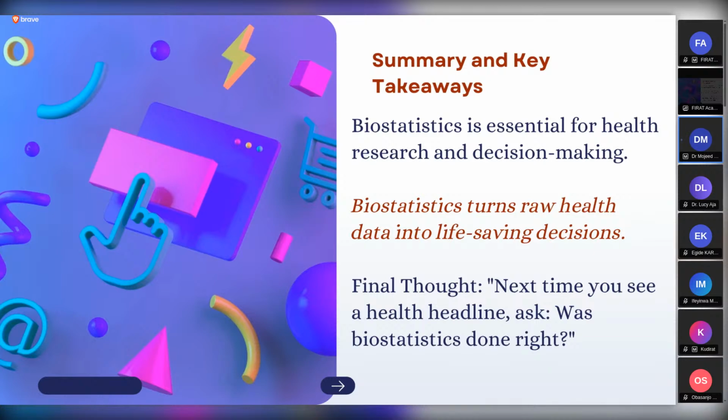So the final thought, the next time you see a health headline, you must ask this question: was the biostatistics done right? For those colleagues who are online with us, who are experienced researchers, they know that when we are reviewing or critiquing articles, we are looking for methodological flaws.